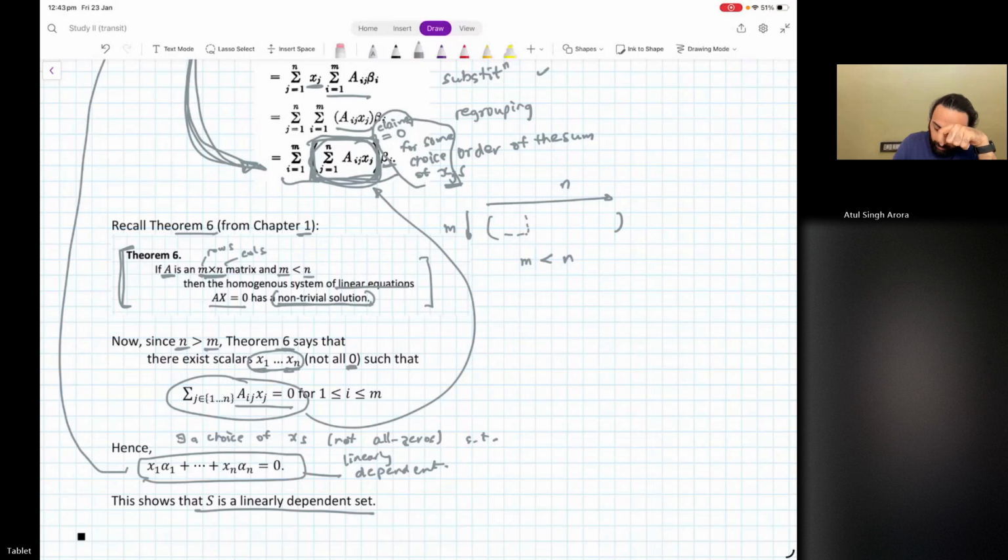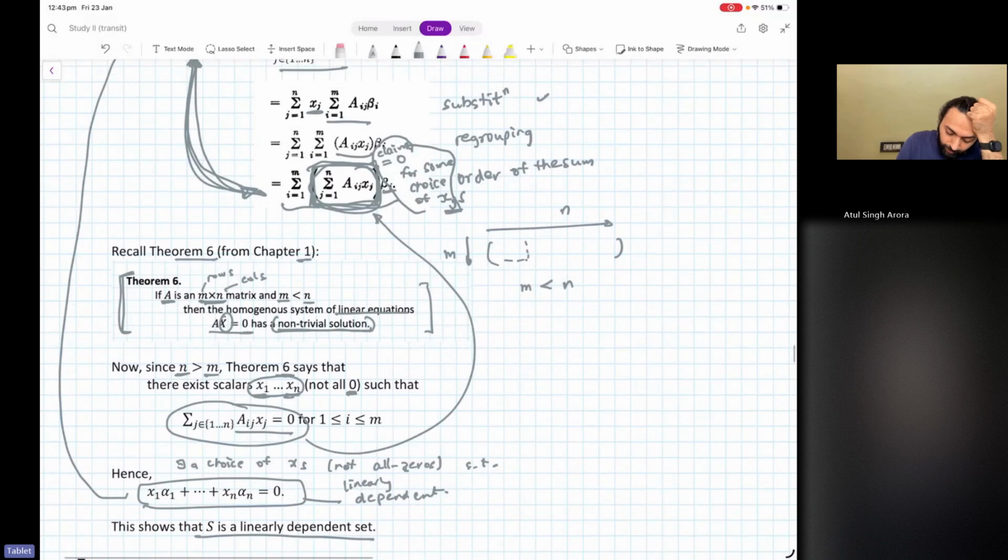So there exists some x, which is not all zeros, which upon multiplication with A will give you 0, right? And so we basically prove this claim using Theorem 6, that this Ax will disappear for some choice of x.